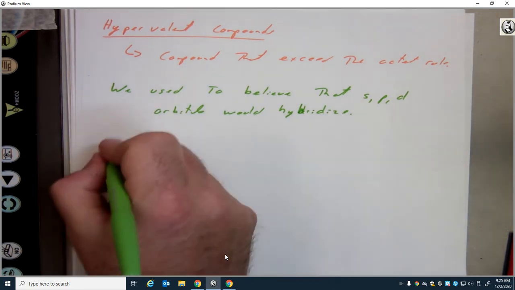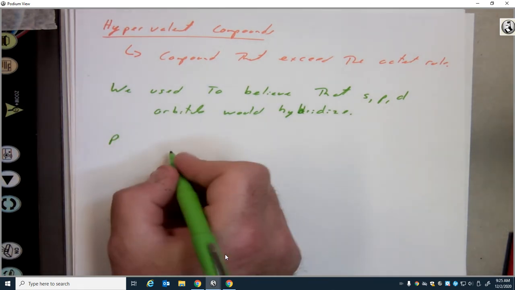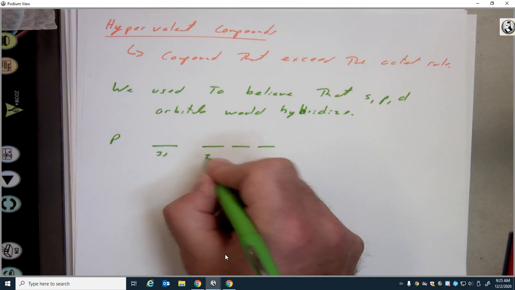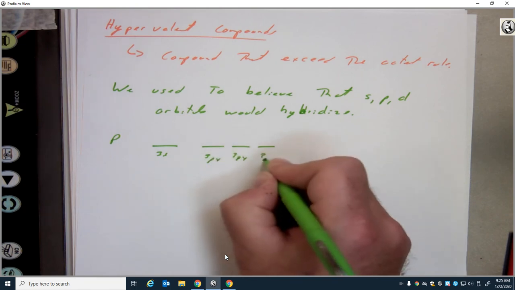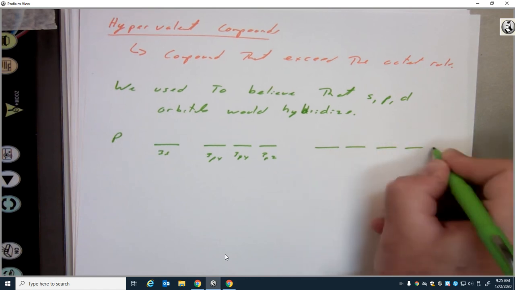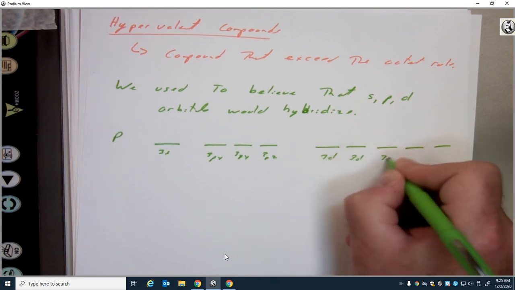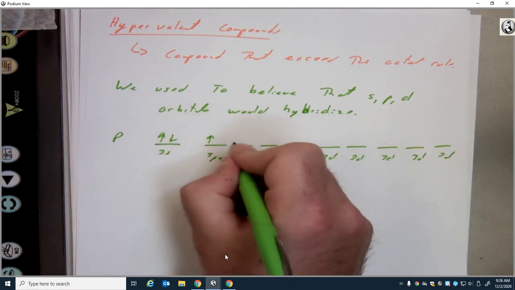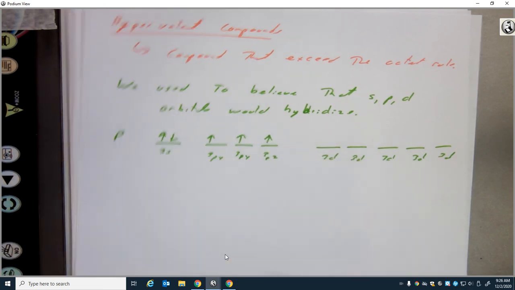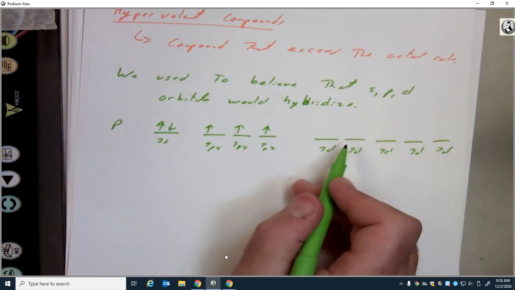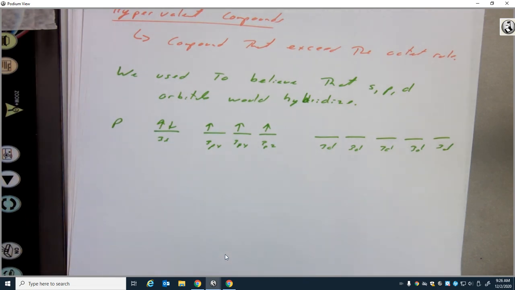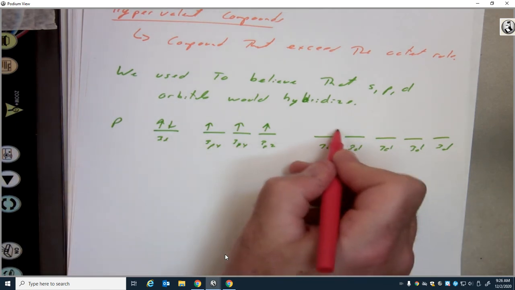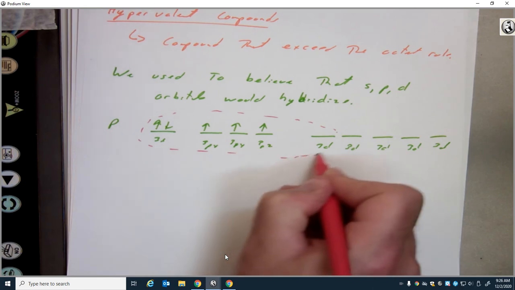So for example, phosphorus, we thought, well, we know that phosphorus is this, 3s, 3px, 3py, 3pz, and then we have our 3ds. And this would be up, down, up, up, up. Phosphorus will expand its octet. It can have more than 8. And what we used to think is we thought that these would hybridize with a D. All of these orbitals would mix.